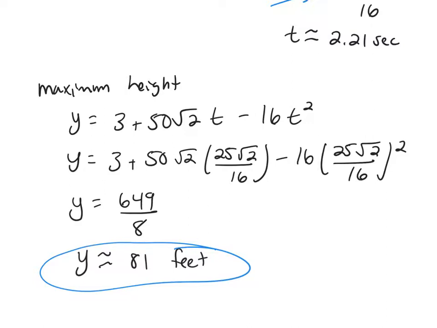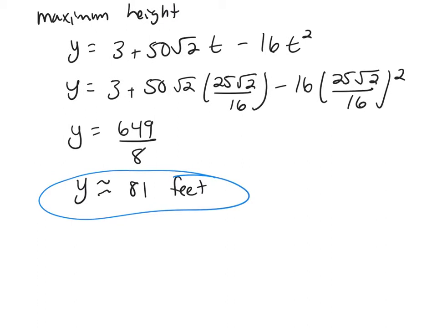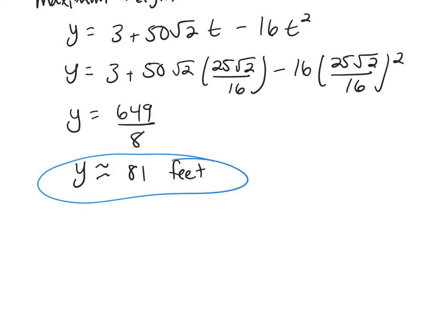So we answered the first part of the question, but the second part is, will it clear a 10-foot high fence located 300 feet away? So the first thing we need to know is, at what time is the ball going to hit the 300-foot fence?